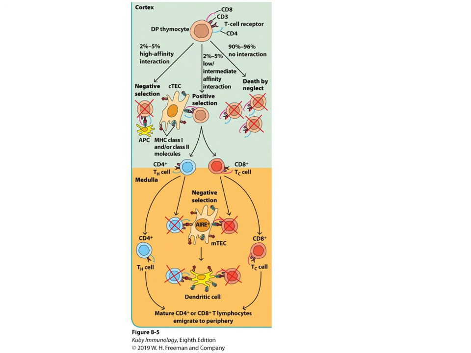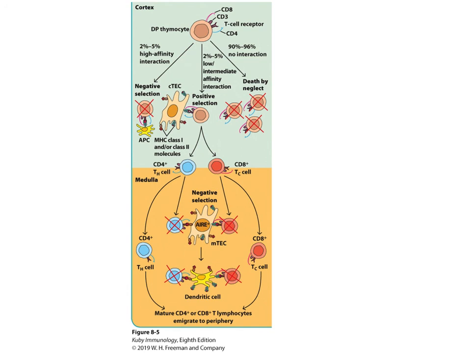Okay, so this graphic just shows us how in the cortex we are going to have our double positive thymocytes. So they would be expressing CD8 and also CD4. They would have their T cell receptor. They would have some of the co-stimulatory molecules also like CD3 present, along with other surface markers also.